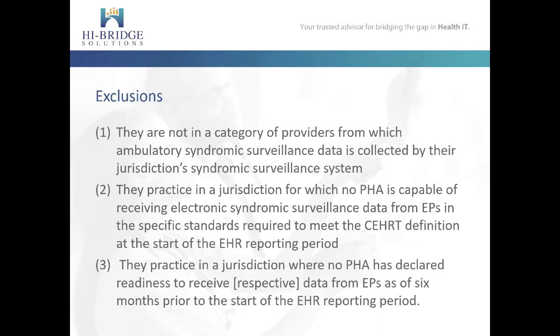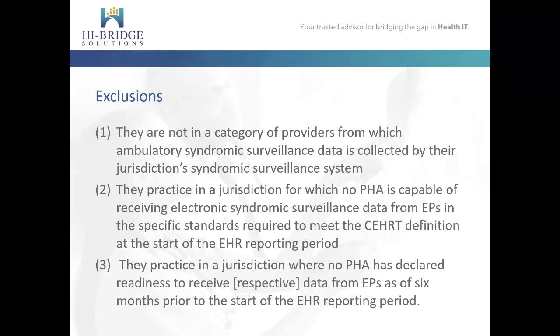So when you are taking multiple exclusions, yes, each one of these exclusions applies to each one of the objectives, but you have to figure out when you attest which exclusion respectively applies to you. So if you do not collect the data, for instance, let's say you are the GRITS registry for immunization.